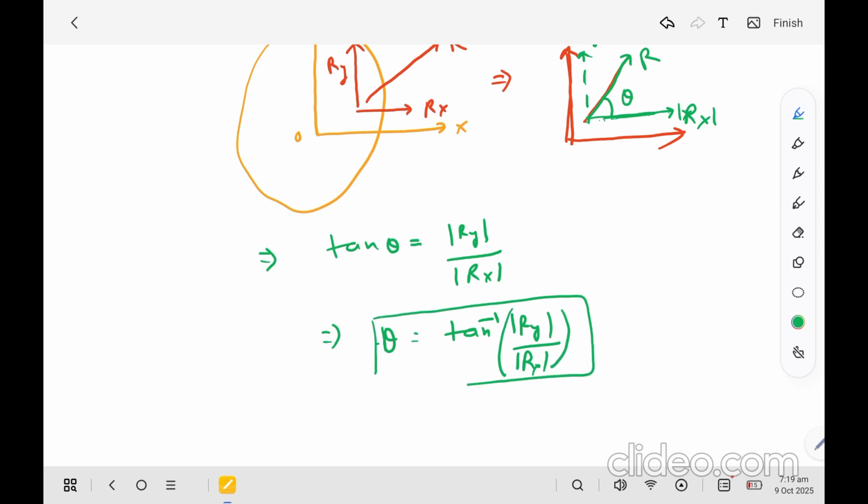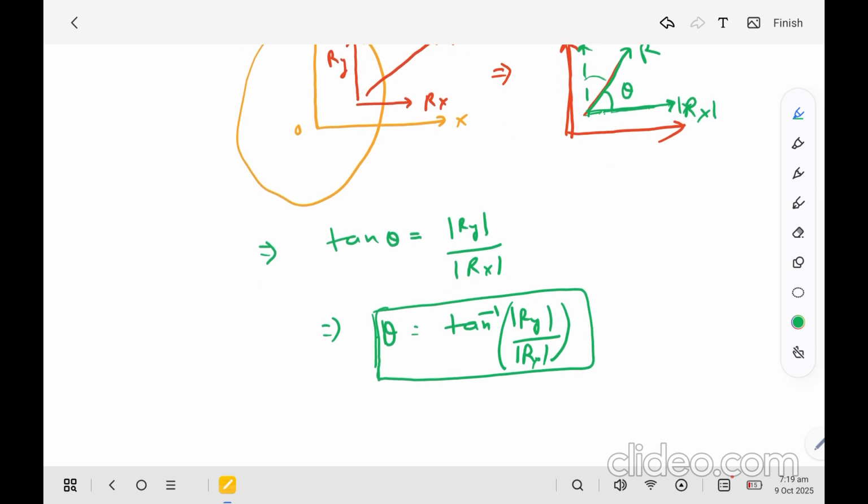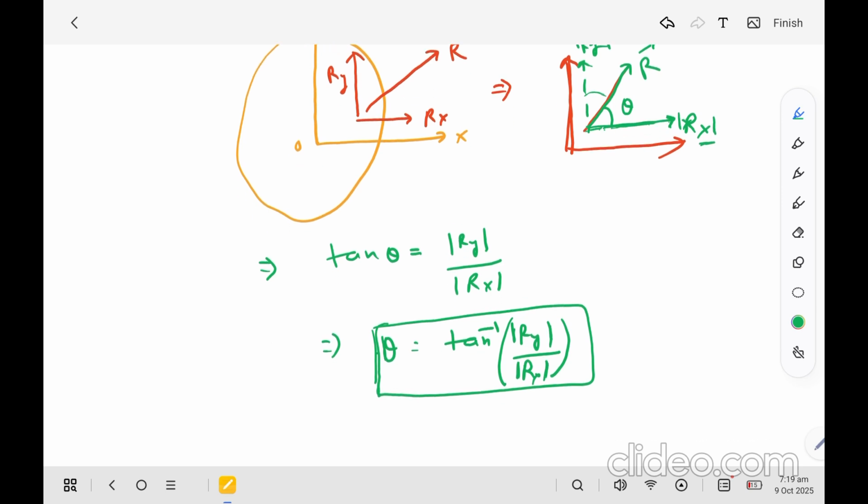In this way we can find the inclination of R from the x-axis, the horizontal axis. Or we can find the angle of inclination from the vertical axis also, if we use Rx divided by Ry. We always use the positive value of these components Rx and Ry. That's why we are using the mod value of Rx and Ry.